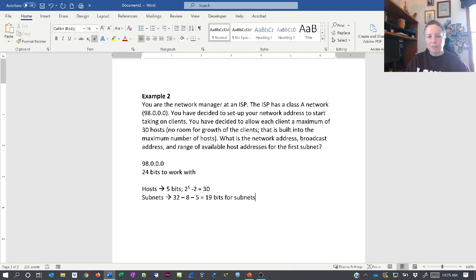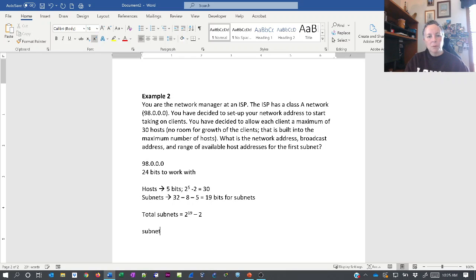This just shows you have to double check your math. So I have 19 bits for subnets. When I do total subnets, that's 2 to the 19, and again I subtract 2 because I don't want to use the 0 subnet or the all 1s subnet. That gives me the total number of subnets.